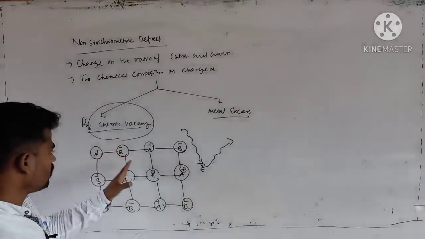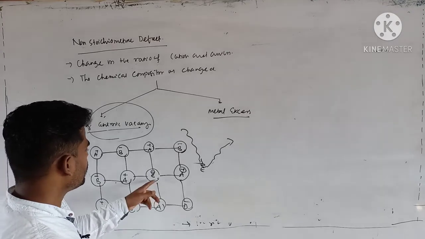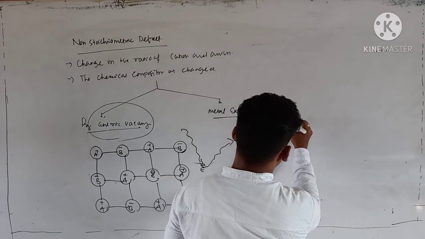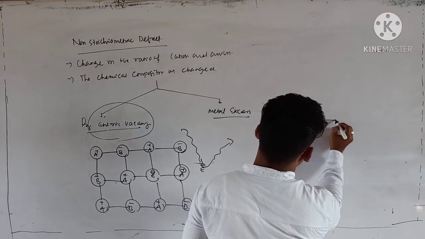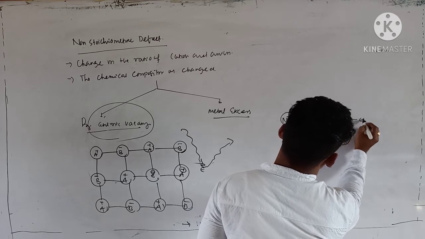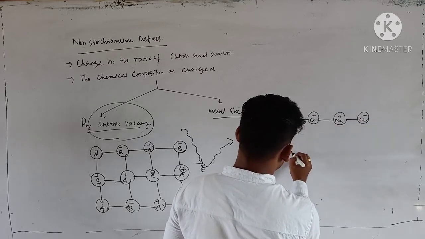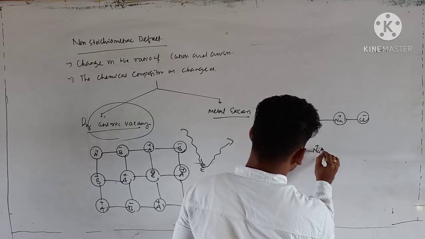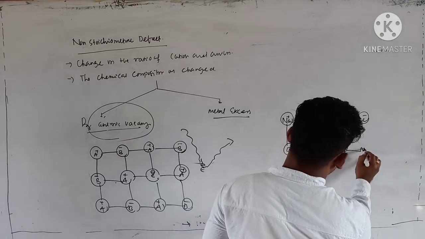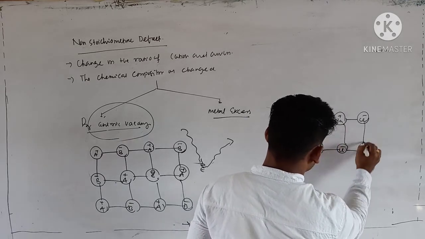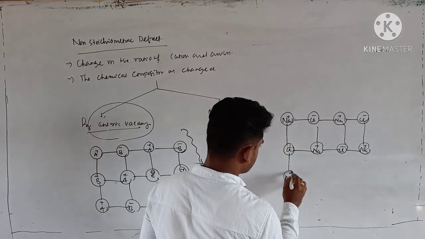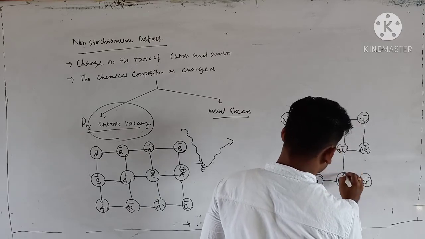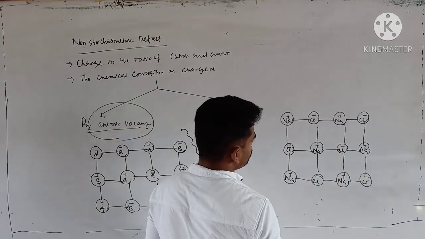Definitely the number of cations and anions will vary here. Suppose I am considering a sodium chloride crystal: Na plus Cl minus, Na plus Cl minus, likewise.